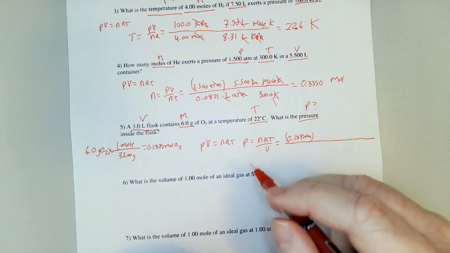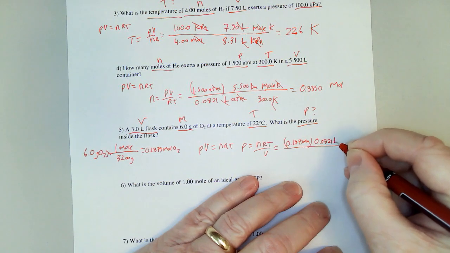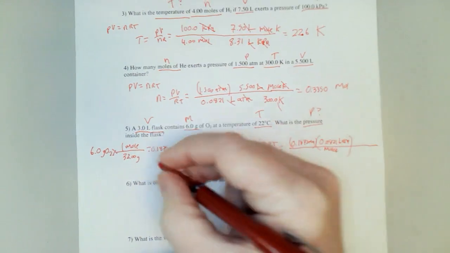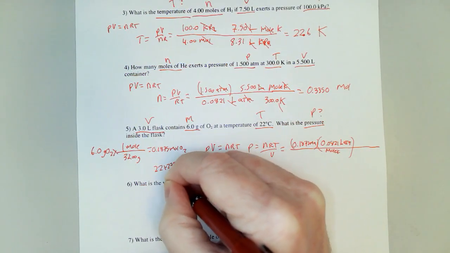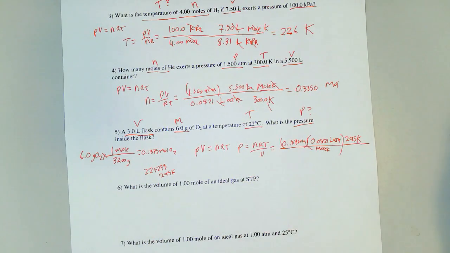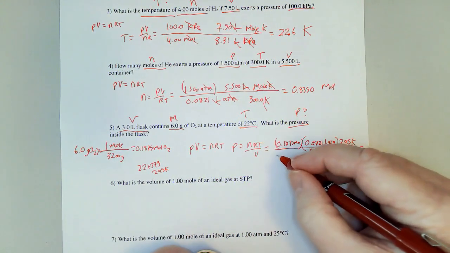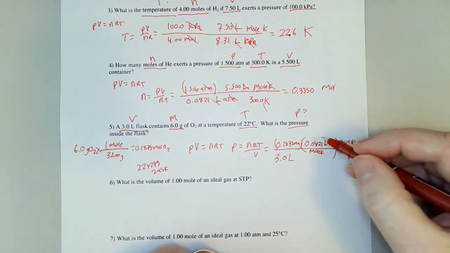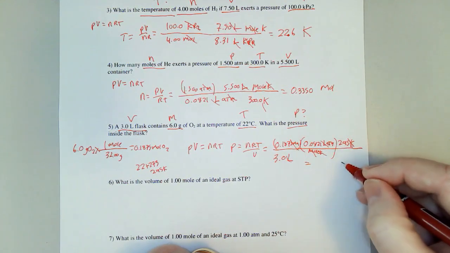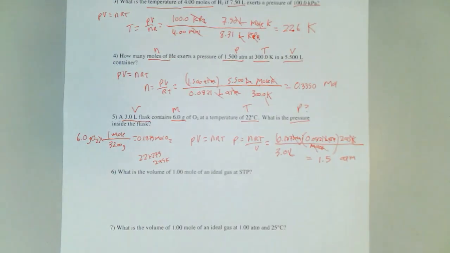R. Okay, I want this to come out in atmosphere, so I'm going to use 0.0821 liter atmosphere per mole K. 22 plus 273 is 295 K. So 295 Kelvin. All right. Downstairs the volume. Okay, it's a 3-liter flask. 3.0 liters. Okay, so moles, Kelvin, and liters cancels. I'm left in atmospheres, and I got 1.5 ATM.